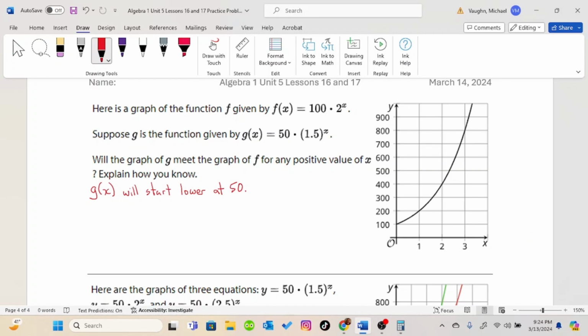It has a growth factor of 1.5, so it grows slower than f of x because it has a growth factor of 2. So they will never meet.